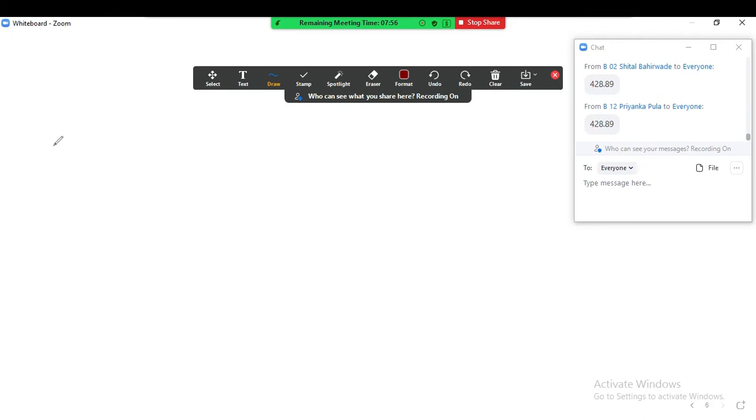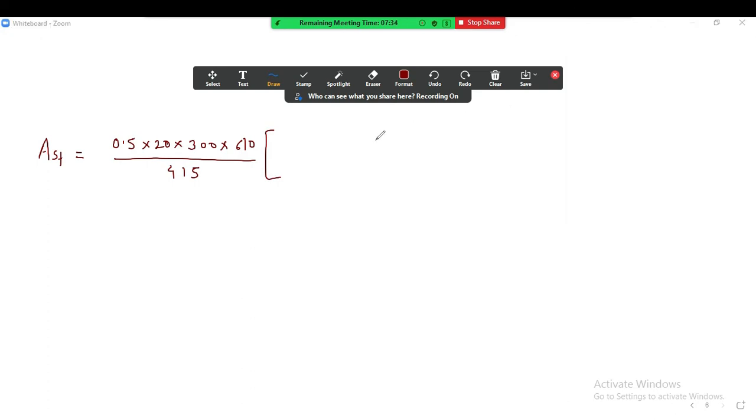So now Ast is equal to 0.5 fck bd divided by fy, in bracket 1 minus under root 1 minus 4.6 into Mu.